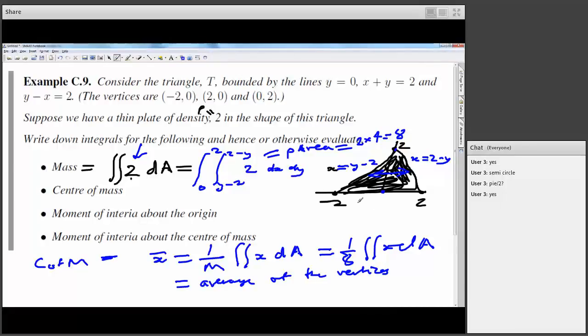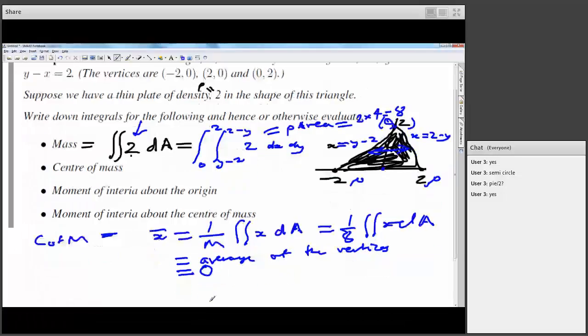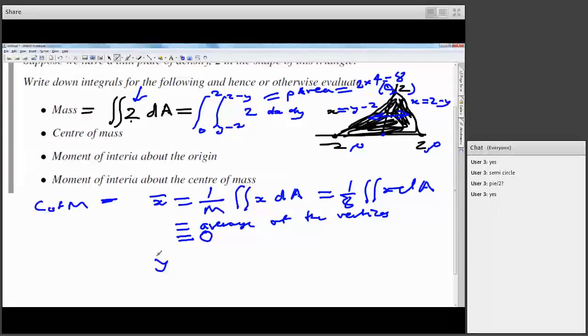So the vertices are (2, 0), (minus 2, 0), and (0, 2). Look at the x coordinates for the moment: 2, minus 2, and 0. If you add them up, you get 0. And so the integral actually ends up being 0 in that case. And y bar would be the average of the y values.